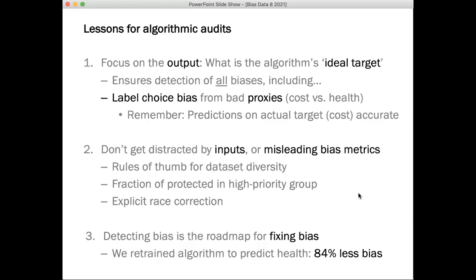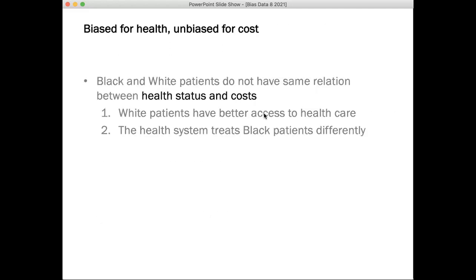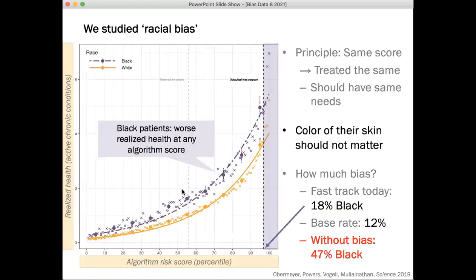There's another question about how that 84% was calculated. What we looked at there, in collaboration with that technical team, was conditional on the score. So if we look at two people at the same score, and we go back to, for example, the graph that I showed you here, one way, as a summary statistic, to get to the bias of this is to condition on score and look at how many excess chronic conditions Black patients had relative to white patients.